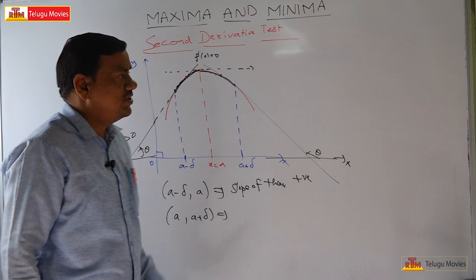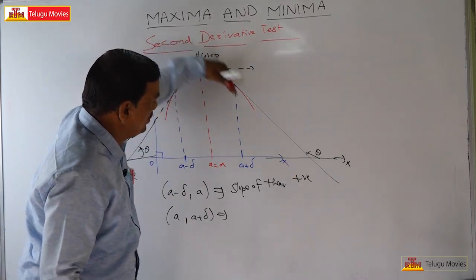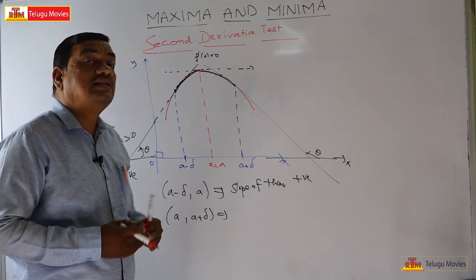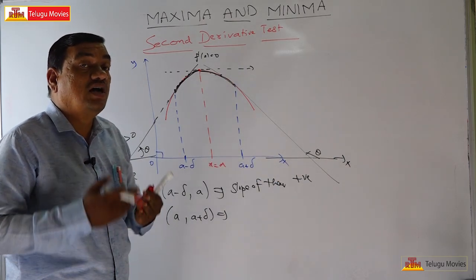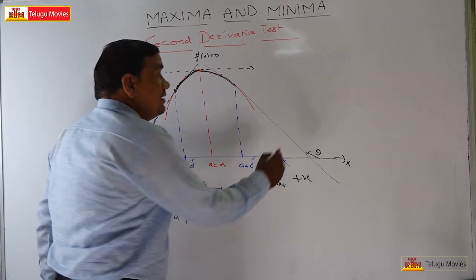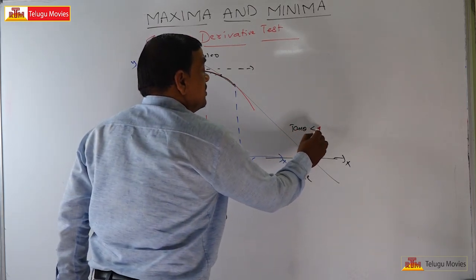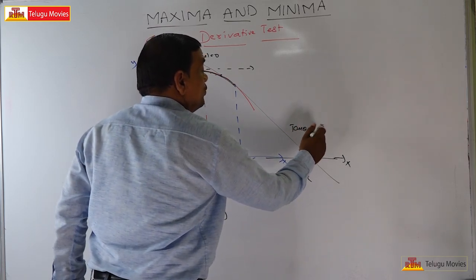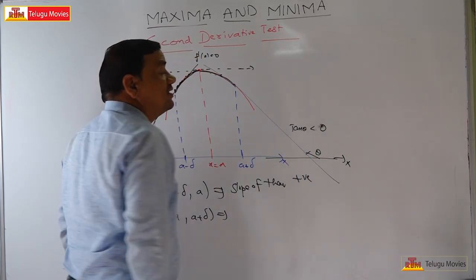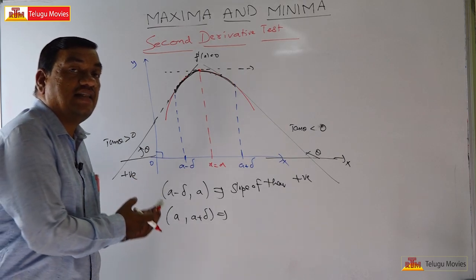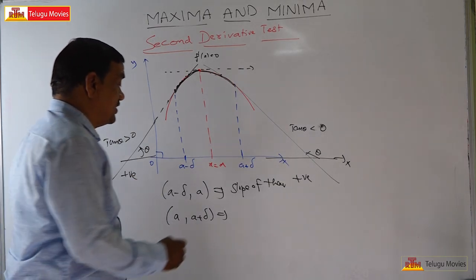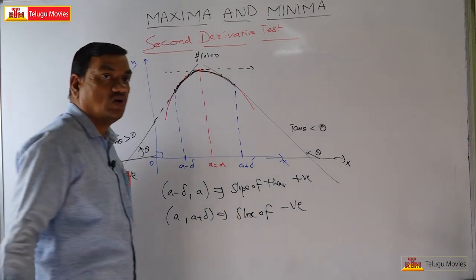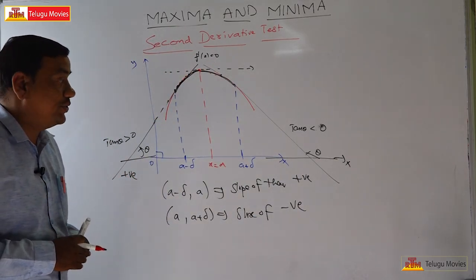Right or wrong? Yes. Whatever the tangent may be, infinite number of tangents will come, and all make obtuse angles. Obtuse angle means 90 to 180, which lies in the second quadrant, Q2. In the second quadrant, tan theta will be negative. So the slopes are negative. All the tangent slopes are negative.